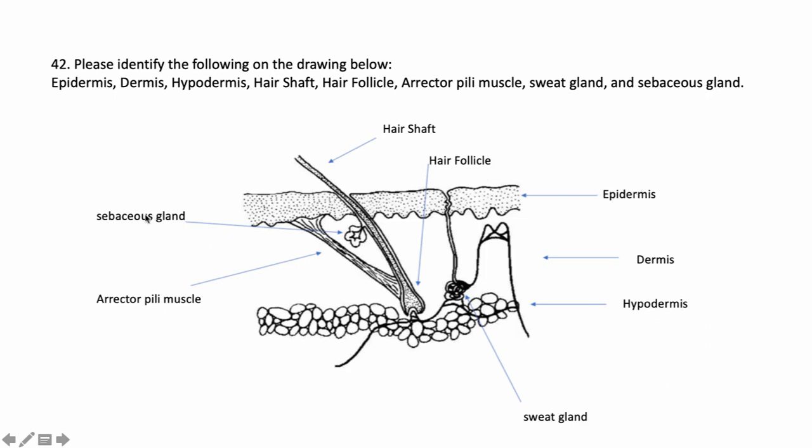There's some labeling here for sebaceous gland, which is an oil gland associated with the hair follicle. Little tiny smooth muscle, which can make your hair stand on end. It's called the erector pili muscle. And then what am I missing? Oh, the sweat gland down here, kind of on its own, and then the shaft of the hair as well.